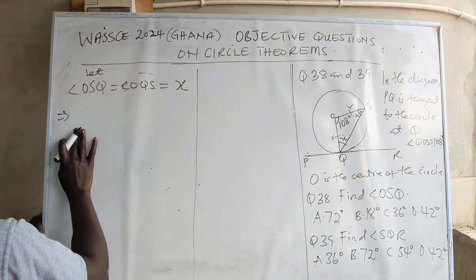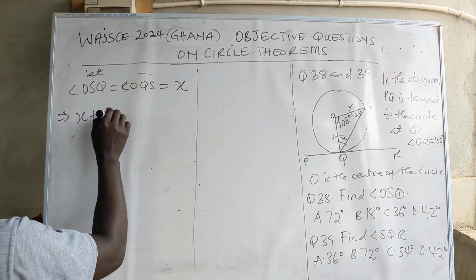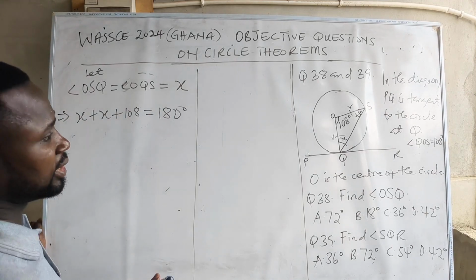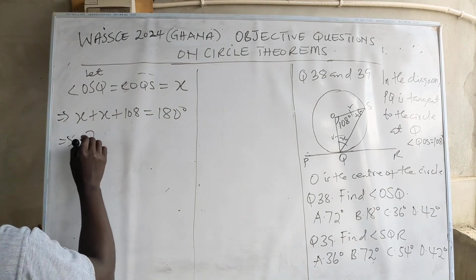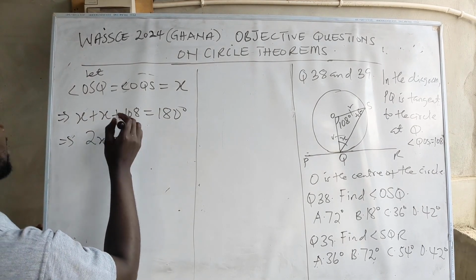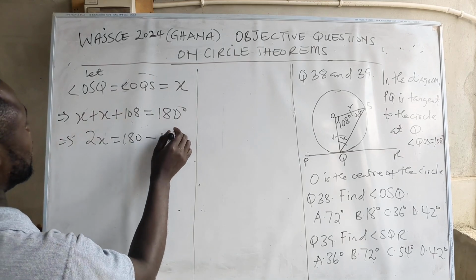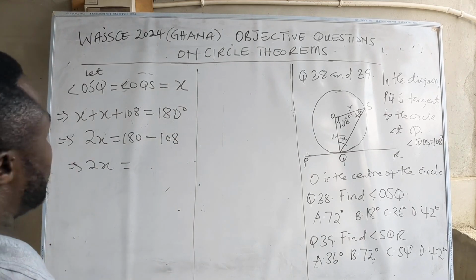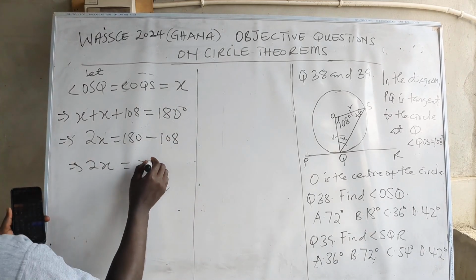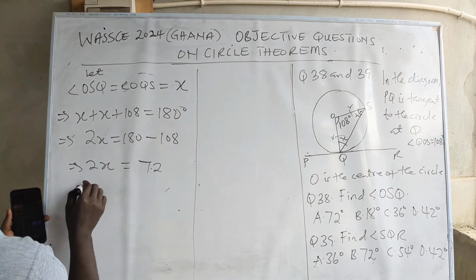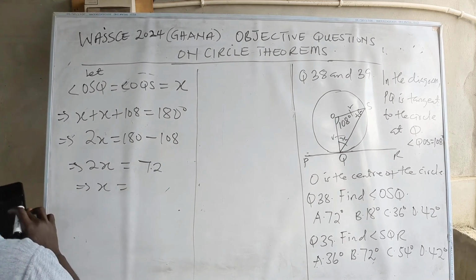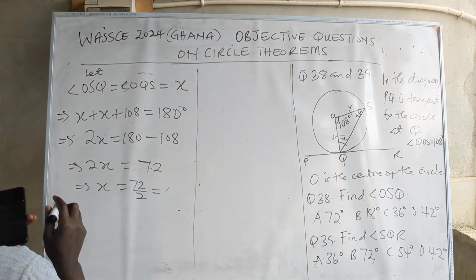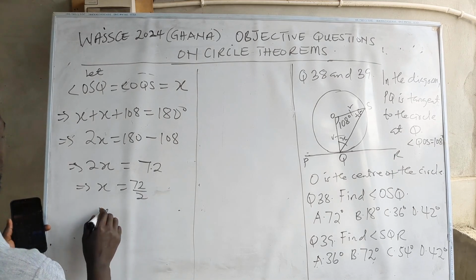So it implies that 2x is going to be 180 minus 108, and 180 minus 108 is 72, divided by 2, it will give us 36.